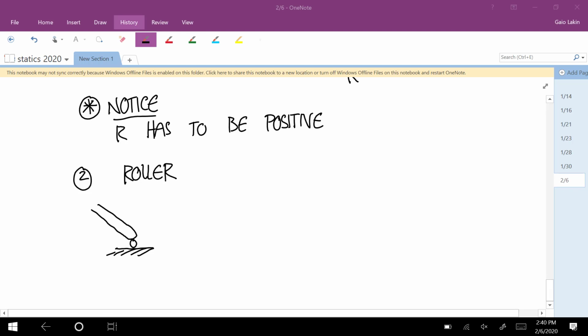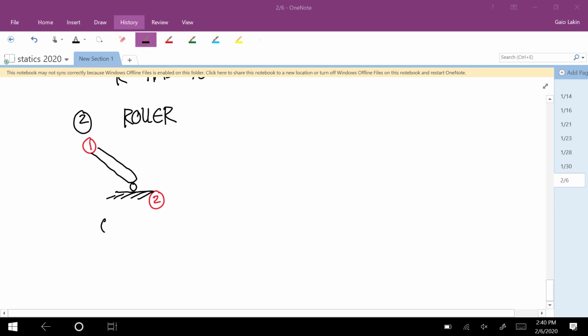We'll call this body 1. And this is body 2. Or the other way you see it drawn is like this, where the body is wearing a roller skate.